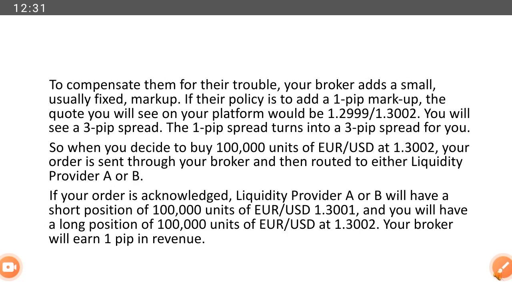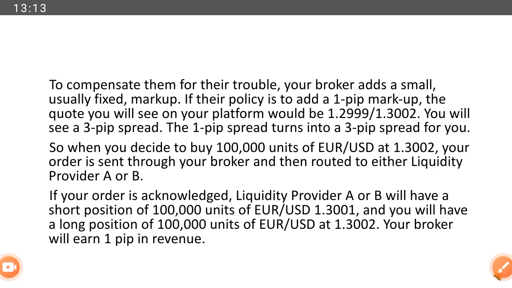Now, to compensate them for their trouble, your broker has a small, usually fixed markup. If their policy is to add a 1 pip markup, the quote you will see on your platform will be 1.2999/1.3002. They just add a markup to make that their own compensation or transaction cost.